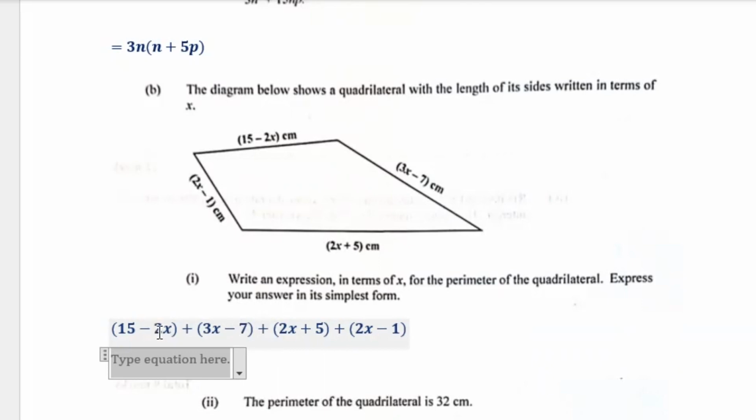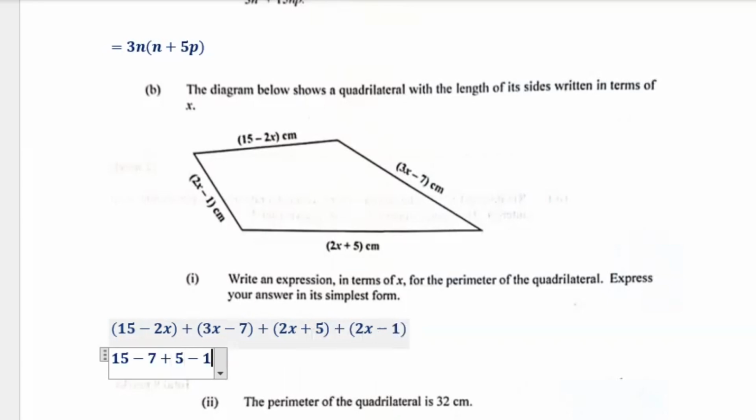So for example, this 2x is a negative 2x. Anywhere this 2x goes, this negative sign or the subtraction sign will follow it. The same thing for this 3x, the same thing for this minus 7. So if we're rewriting, I'm writing the constants first. So we'll have 15, then minus 7, then plus 5, then minus 1.